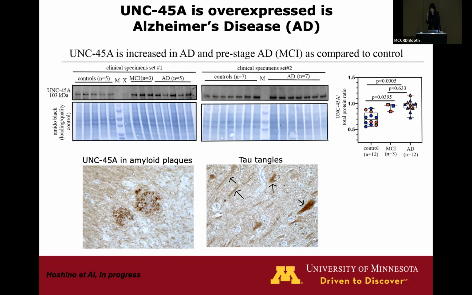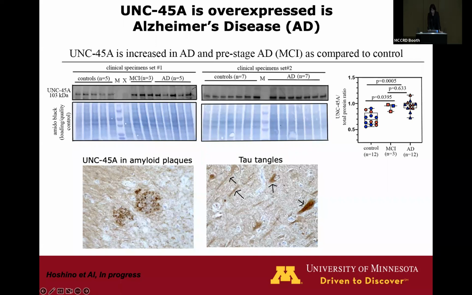But their brain already has the hallmarks of Alzheimer's, if you look by histochemistry, for example. And then you have Alzheimer's disease brain. When you measure the expression level of ANC45, we can see that ANC45 is overexpressed in AD, and it is already overexpressed in MCI as compared to the control.